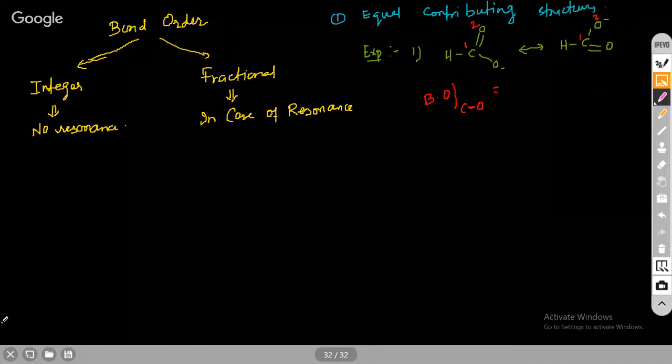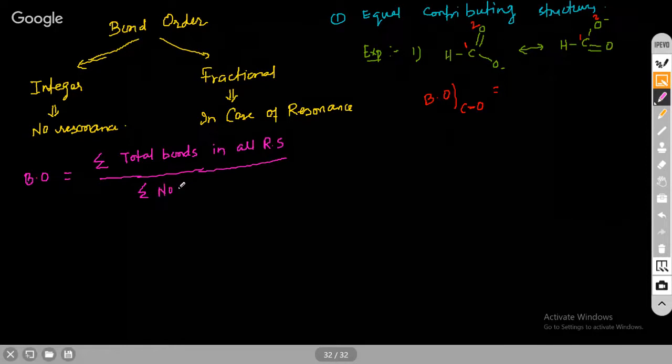So in this case, the calculation of bond order we do by this formula, and this formula you write down: bond order is equal to the summation of total bonds in all resonating structures divided by the summation of number of RS, meaning the total number of resonating structures.